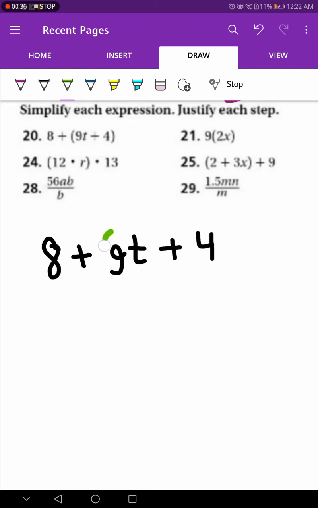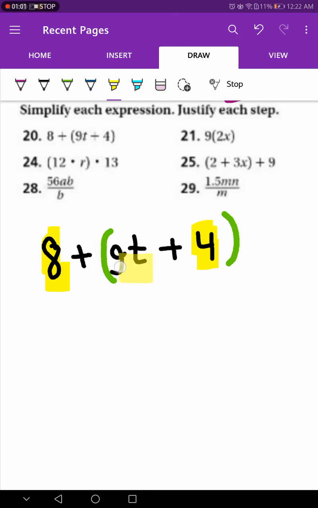And the parentheses, as you see, hold the 90 plus 4. So to simplify this expression, I have to join, or hold the numbers together, or grab them together. So the 4 is far away from the 8. How can I use the properties to make the 4 close to the 8?